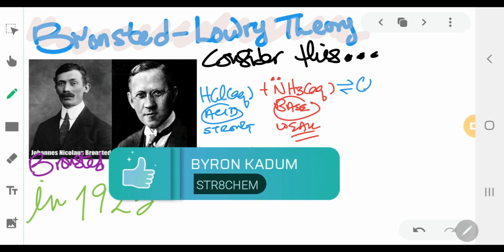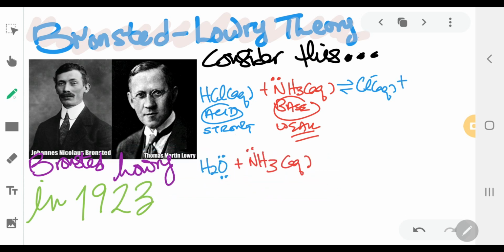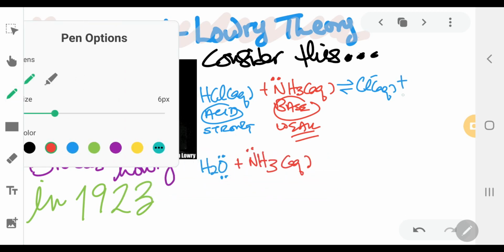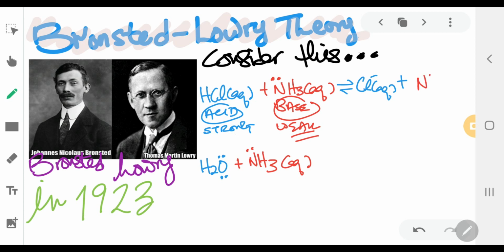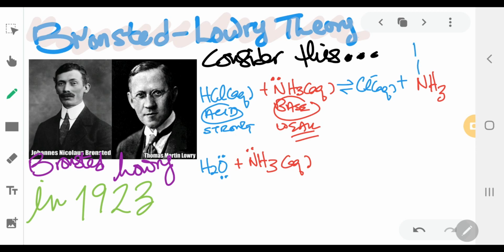So we have Cl minus aqueous plus NH3. Now the lone pair has gone because it will accept the proton from the acid, and your nitrogen will have a positive charge.